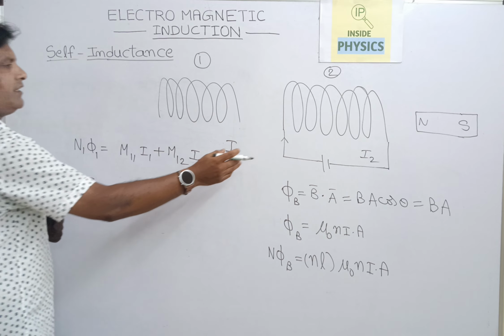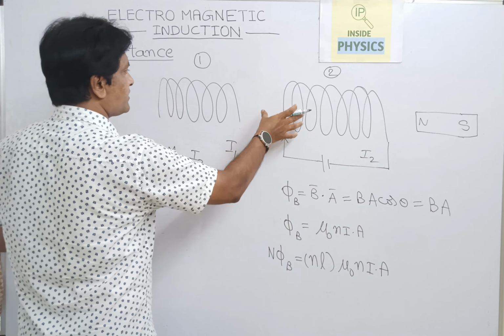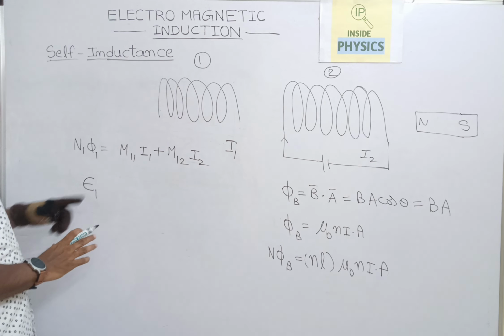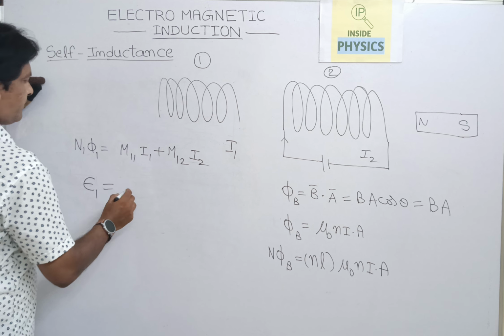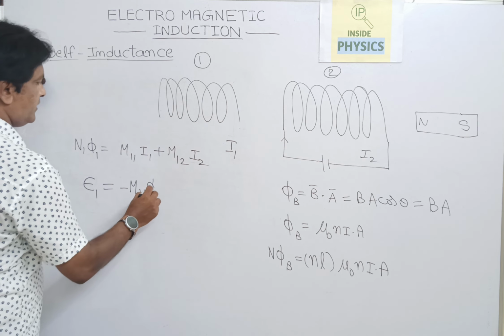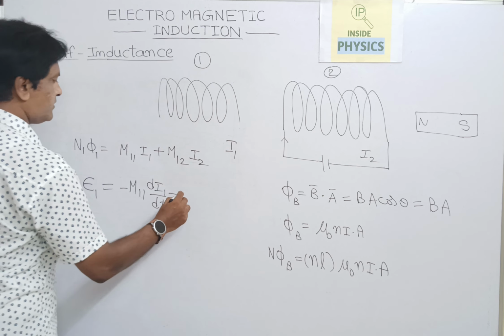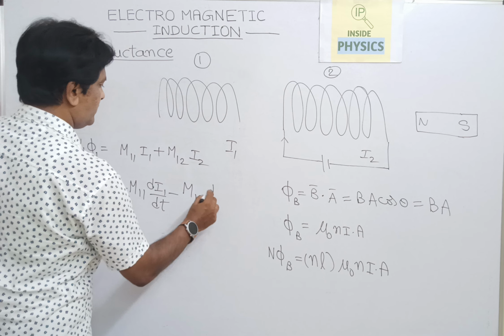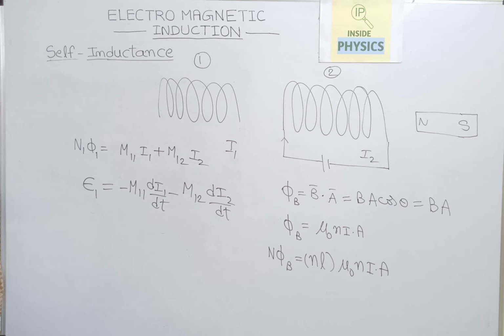There is a varying magnetic flux here, and because of this magnetic flux there is an induced EMF in the first coil. How do we write this? We can write this as minus M11 di1 by dt minus M12 di2 by dt. We already know this induced EMF by considering Faraday's law.